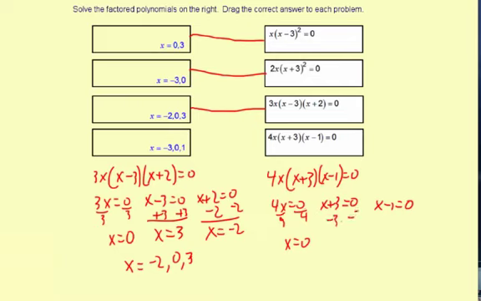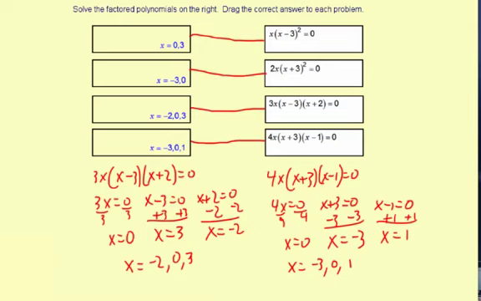Subtract 3 on the next one, you get x equals negative 3. And add 1 here, both sides, x equals 1. So my answer is in increasing order, x equals negative 3, 0, 1. So it matches straight across here.